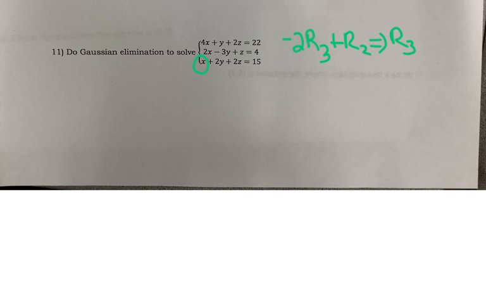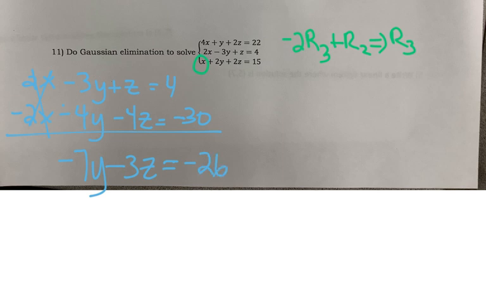My row 2 is 2x minus 3y plus z equals 4. And so I'm going to get negative 2x, negative 4y, negative 4z equals negative 30. Add them together, the x's cancel, negative 7y minus 3z. This is my new row 3.